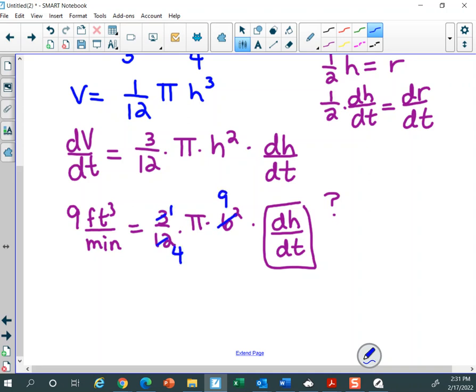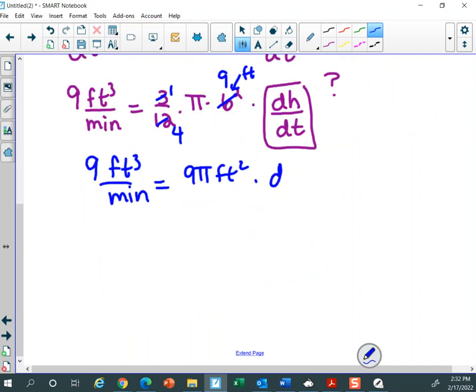I'm sorry. So 9 cubic feet per minute is equal to 9 pi, actually 9 pi square feet, because the 6 was feet and we squared it, times dh/dt.